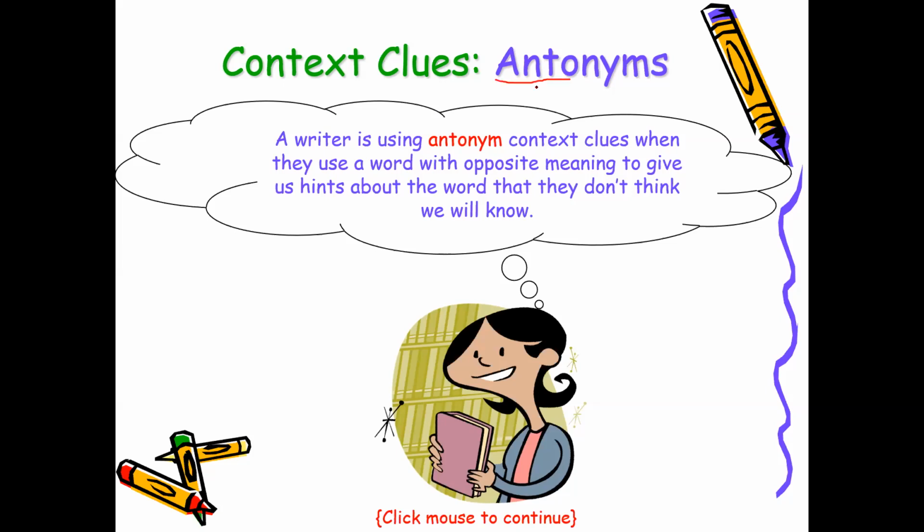It's like antibiotic. So anti means like against or opposite. And antonym, obviously, is the opposite of synonym. So the antonym is when the writers use a word with opposite meaning to give us hints about the word that they don't think we will know, right?